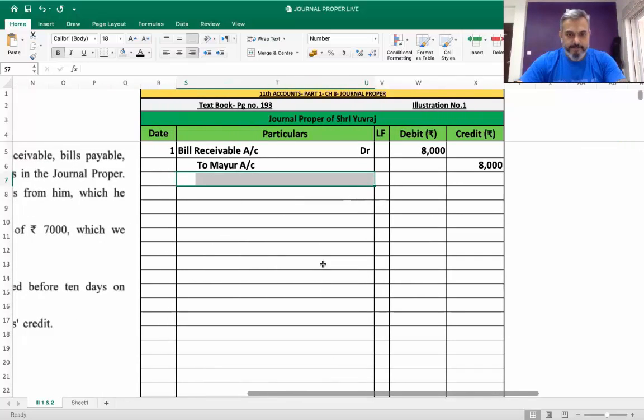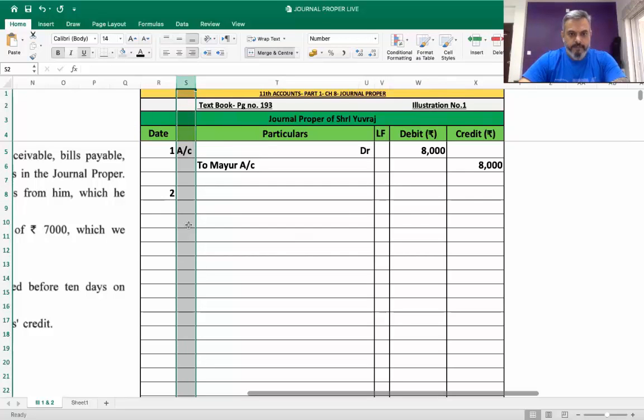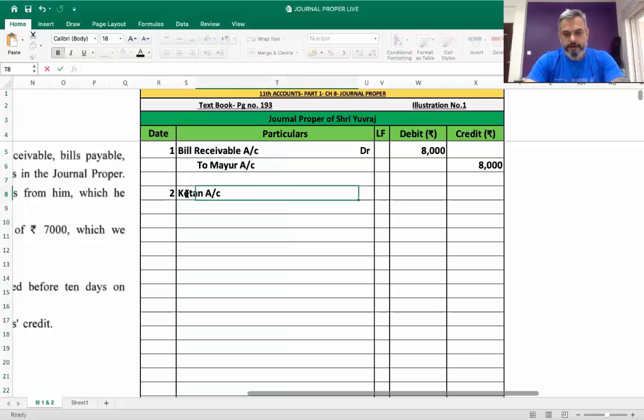So second, we have signed and we return this bill to Ketan. So Ketan account debit, amount is 5,000 to bill goes out, bills payable account.